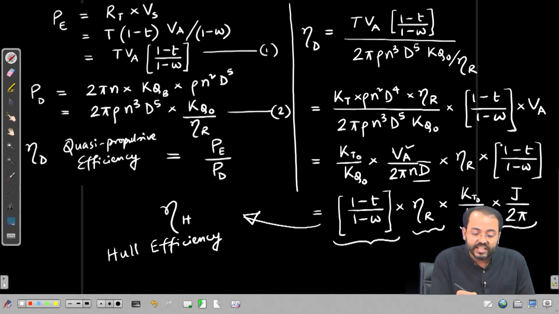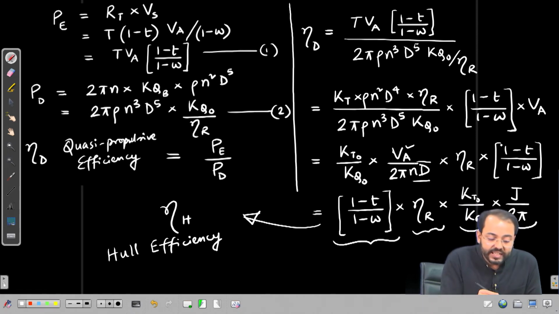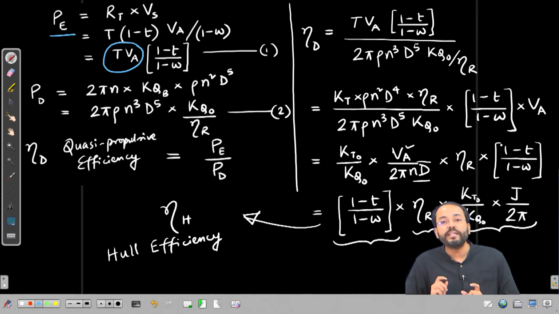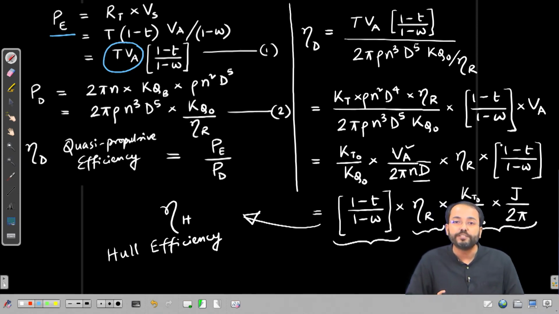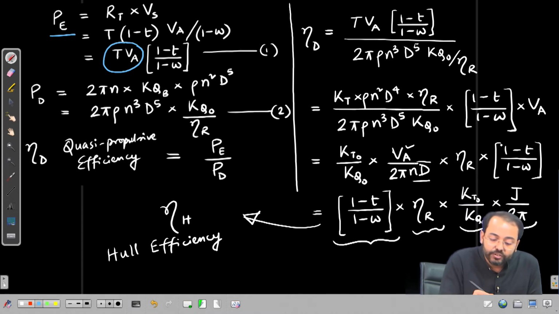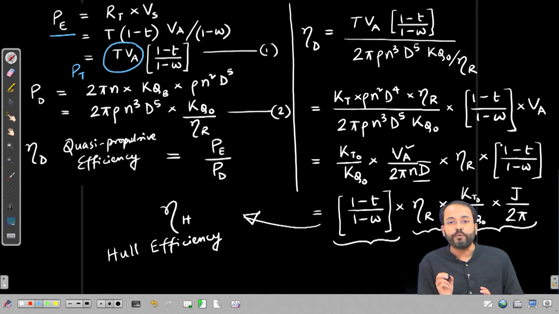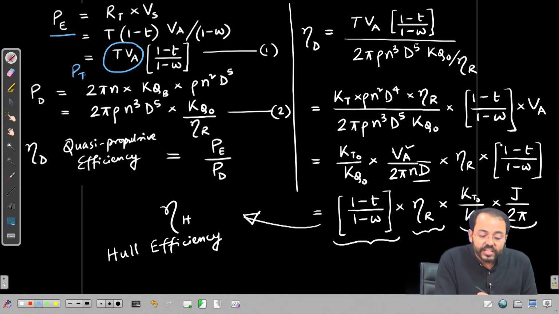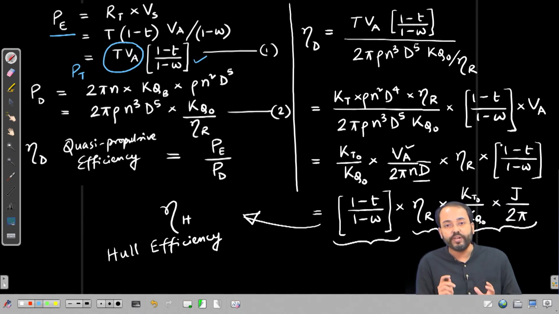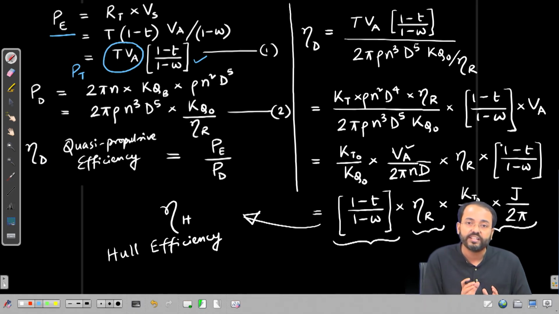So, if we see here in the equation for PE, T multiplied by Va, the thrust generated by the propeller multiplied by the advance speed, is basically the thrust power. This can be mentioned as PT, the thrust power. So, this thrust power is related to the effective power PE with this term (1 minus T) by (1 minus wake fraction), where T is the thrust reduction factor.